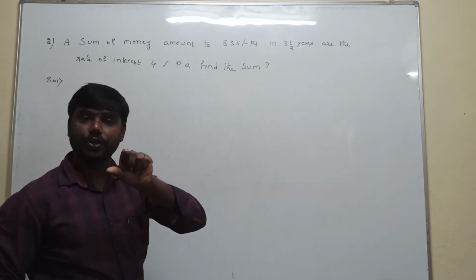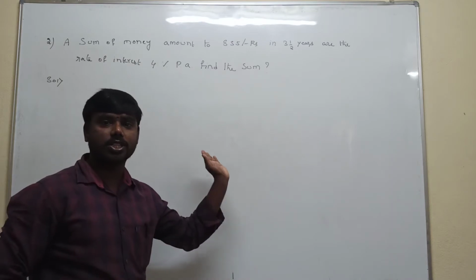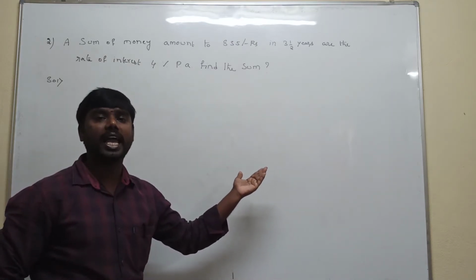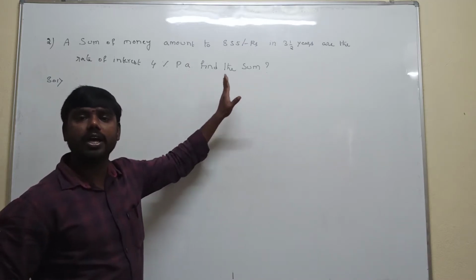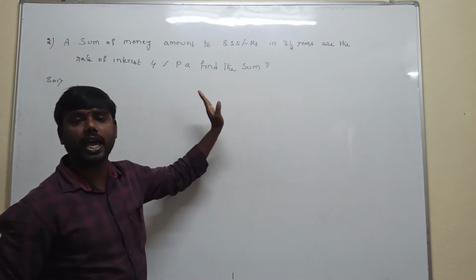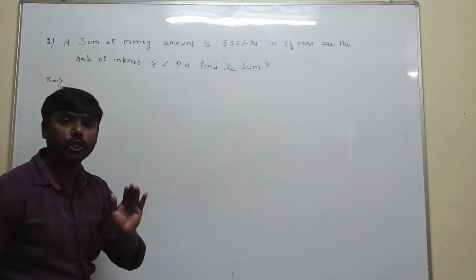Is it clear? What are the values given? Amount given, time given, rate of interest given. We need to calculate the principal amount. So now we are going to the solution.